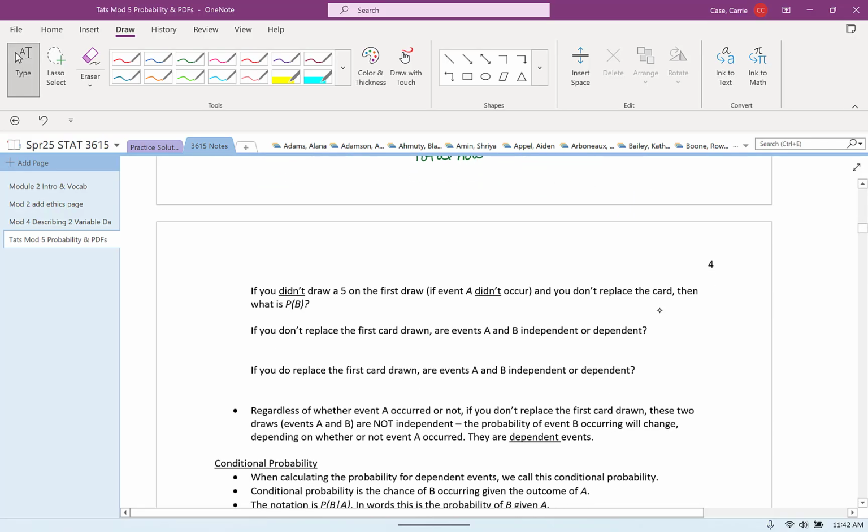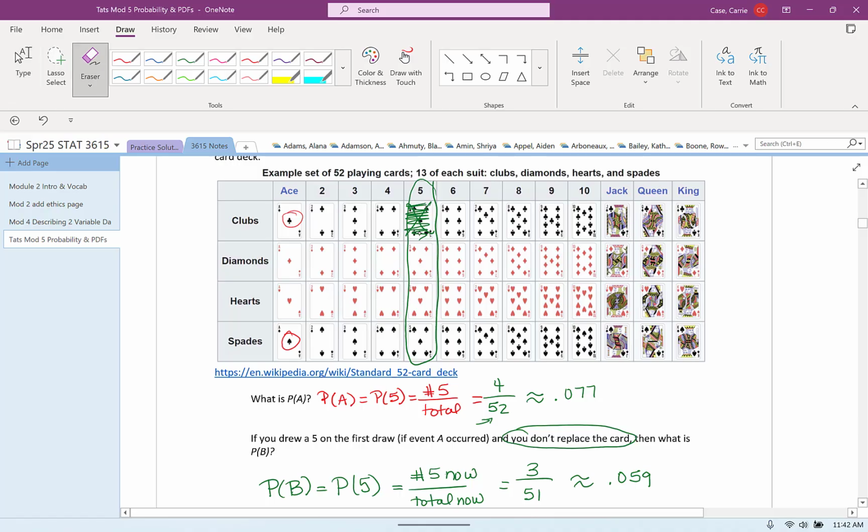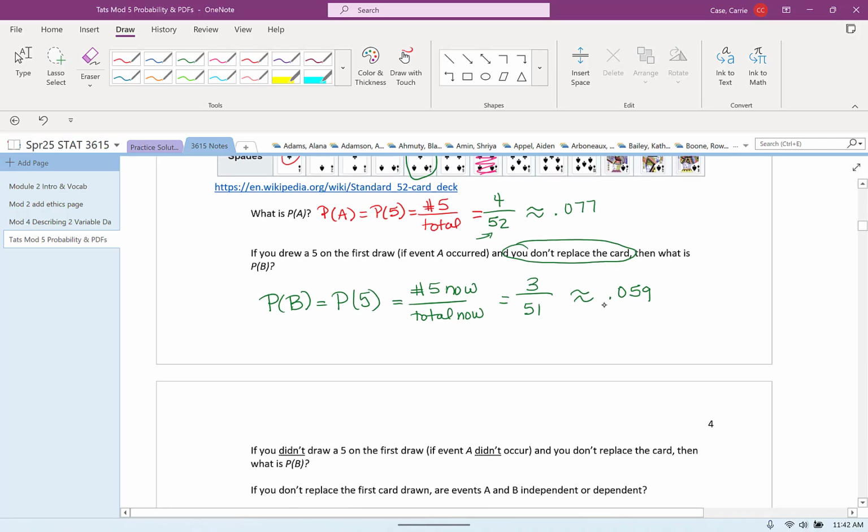If you didn't draw a 5 on the first draw, if event A didn't occur and you don't replace the card, then what is event B? Well, in this case, I'm going to get rid of my crossing out. Let's say, I'm going to use pink here, let's say I drew a 7.